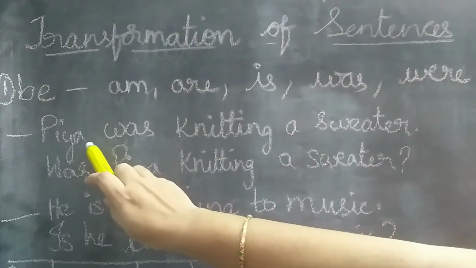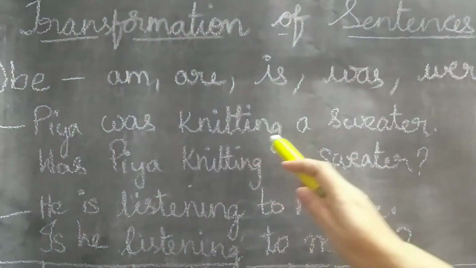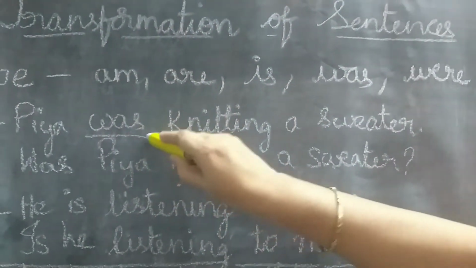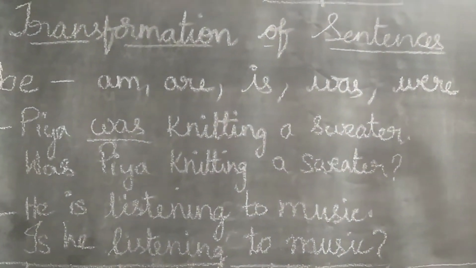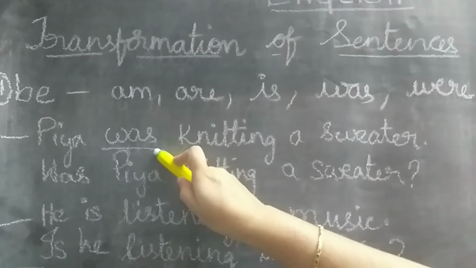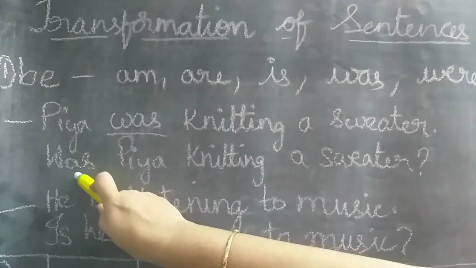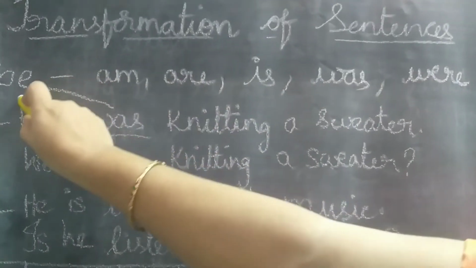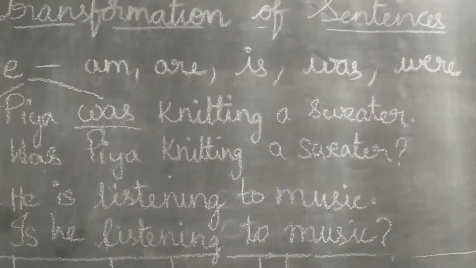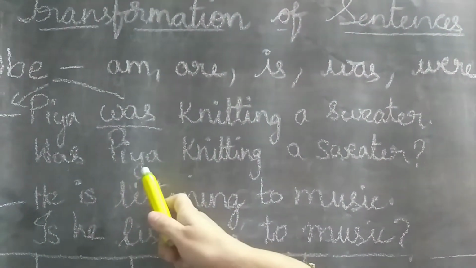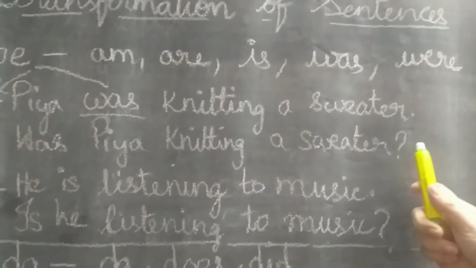Now here this sentence, Pia was knitting a sweater. Was here is the helping verb. Now we have to shift the position of the helping verb so that we get an interrogative sentence. We have to write this in the beginning so that we get an interrogation. Was Pia knitting a sweater?